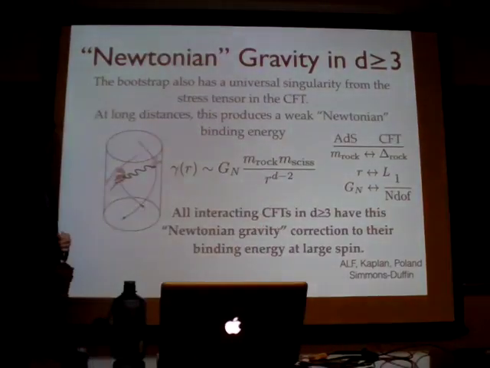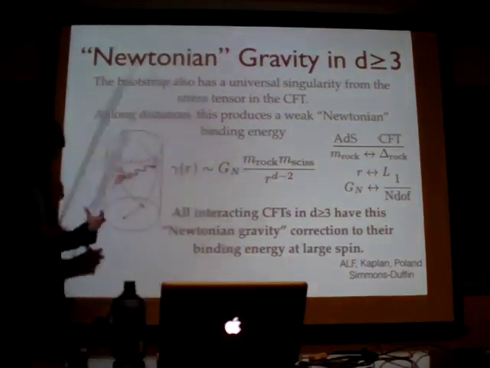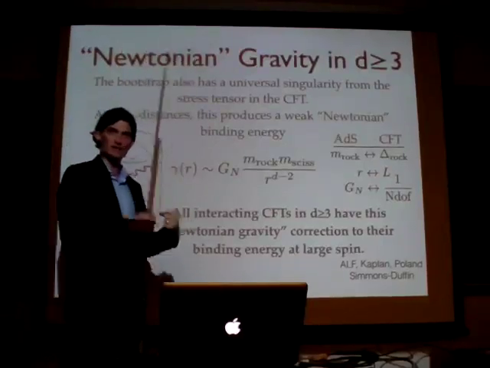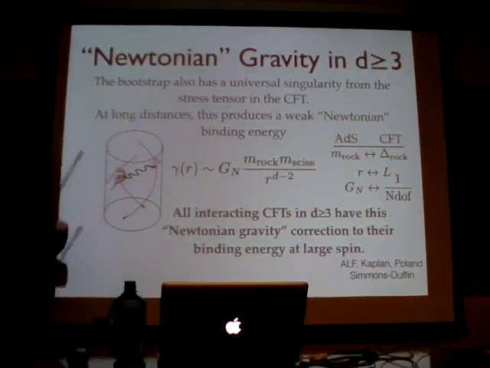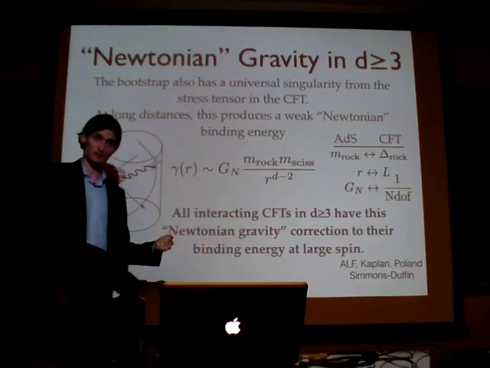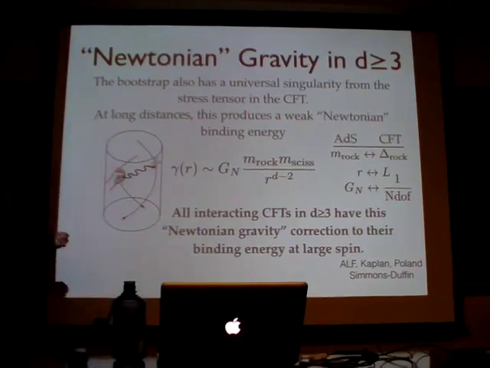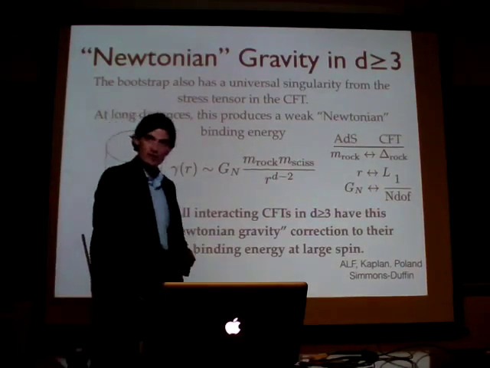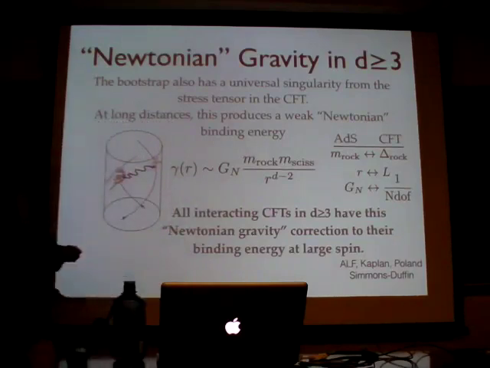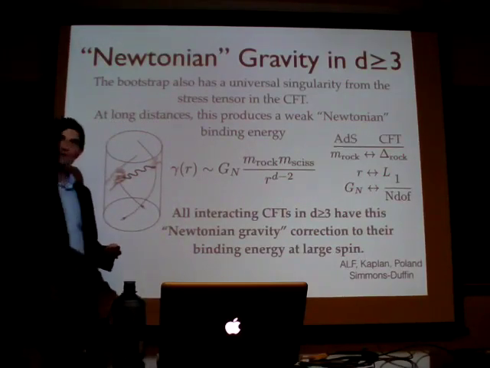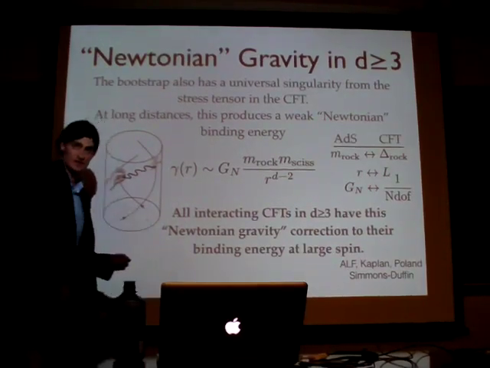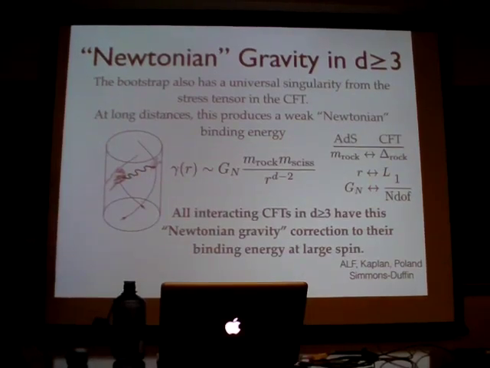One of these comes from the fact that if you look at the operator product expansion of an operator with itself, the energy momentum tensor is also there. That corresponds to another singularity, which you also know everything about and is universal. The strength of the singularity comes from the dimension of the stress tensor, which is fixed to be d in d dimensions.